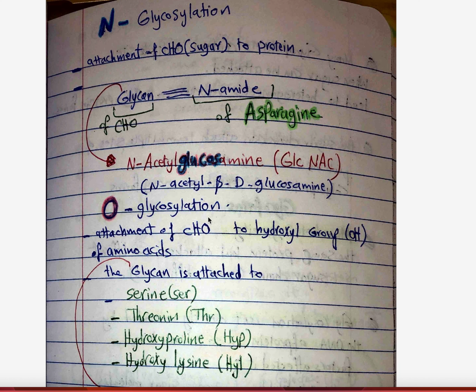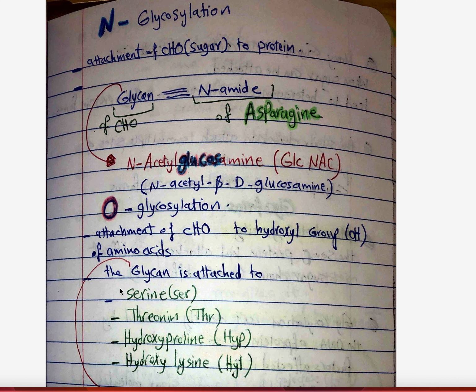O-glycosylation is the attachment of the carbohydrate to the hydroxyl group of the amino acid, and the glycan is attached to serine, threonine, hydroxyproline, or hydroxylysine, which is most common in serine and threonine because they have OH.